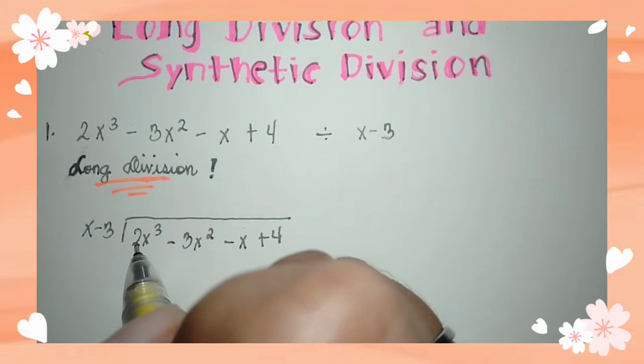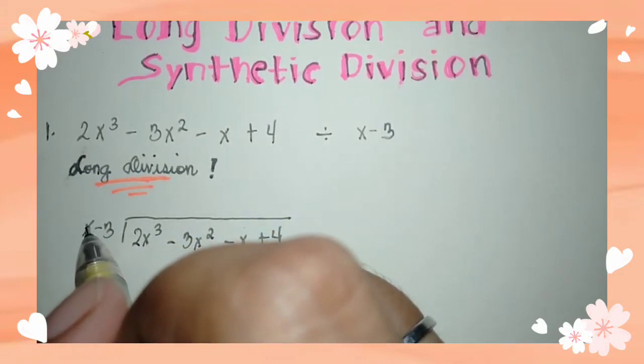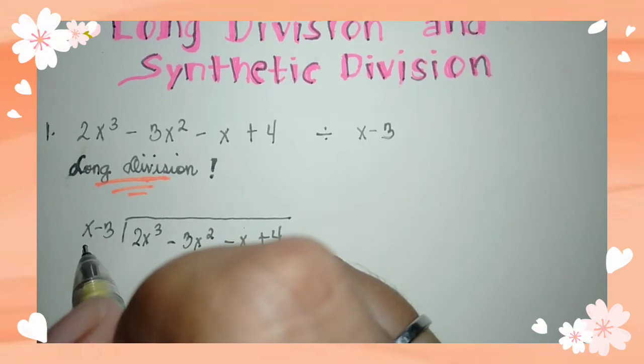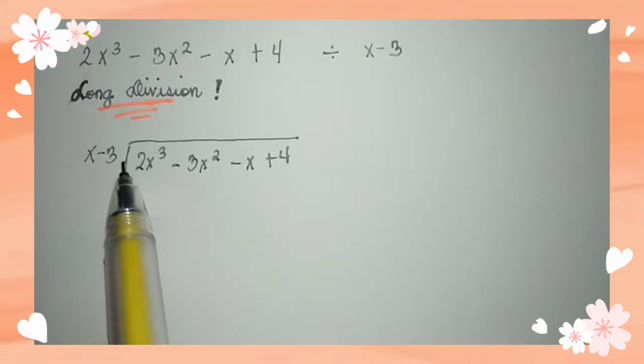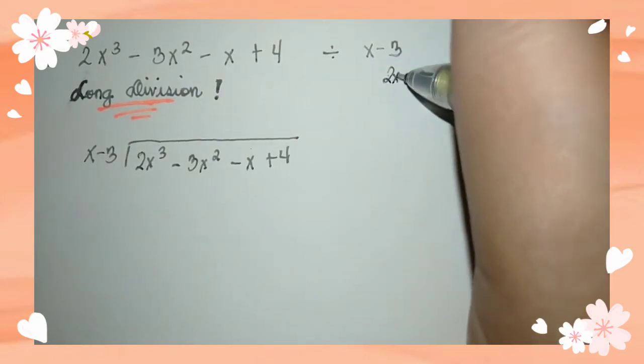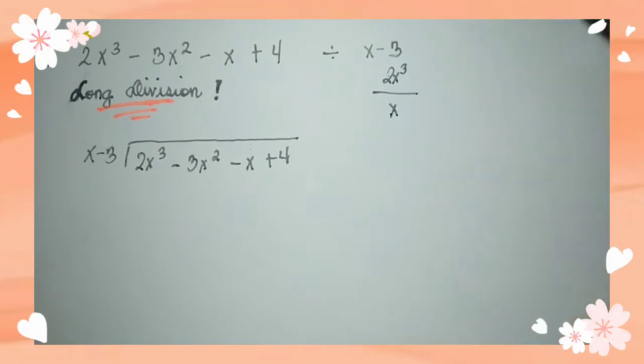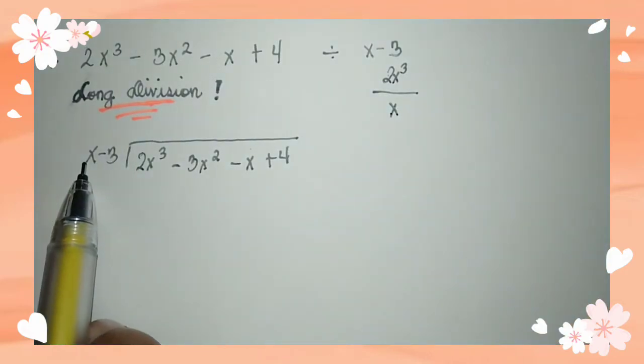So, kapag mag-divide tayo, kailangan doon lang siya sa x mismo, sa pinaka-first term ng ating divisor. Since sa first term ni divisor which is x natin siya i-divide, pwede nyo tong gawin para hindi kayo malito. So, we have 2x cubed divided by x.